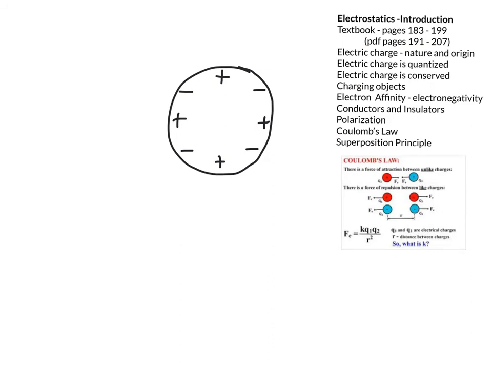Okay, imagine what you're looking at is an aluminum sphere that's neutral. So it's aluminum, it has free electrons, everything has charges in it, but when it's neutral, it just means the charges are balanced and cancel. So the net charge is 0.